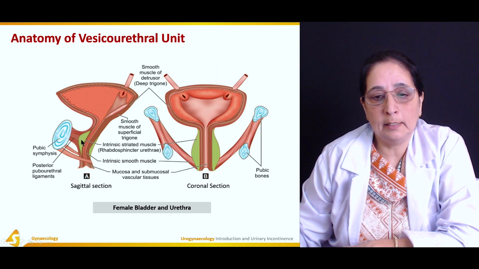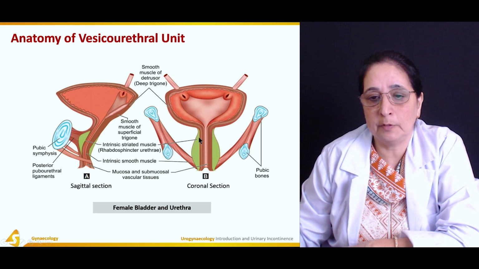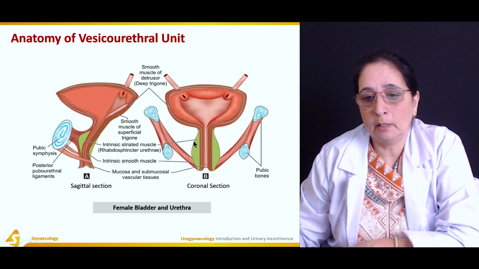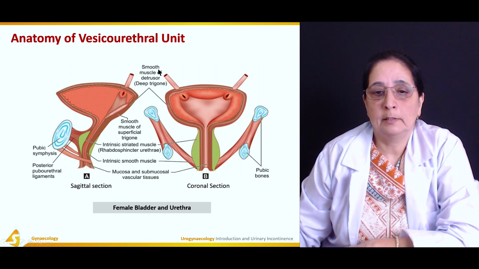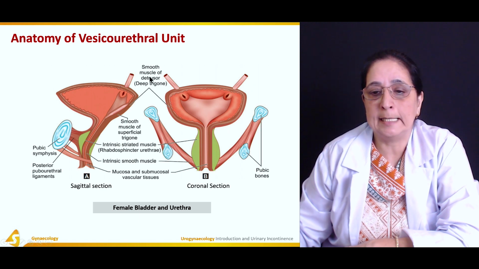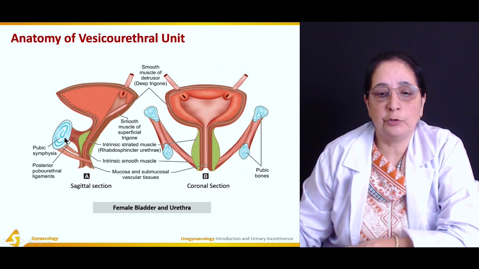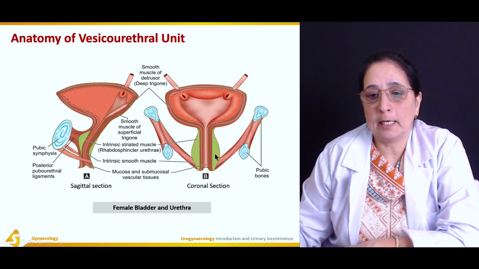Then these are the intrinsic striated muscles attached around the urethra. The bladder itself is smooth muscle. Trigones are made up of smooth muscle, superficial and deep. Then we have the pubourethral ligament, and the intrinsic striated muscles attached on the sides of the urethra.